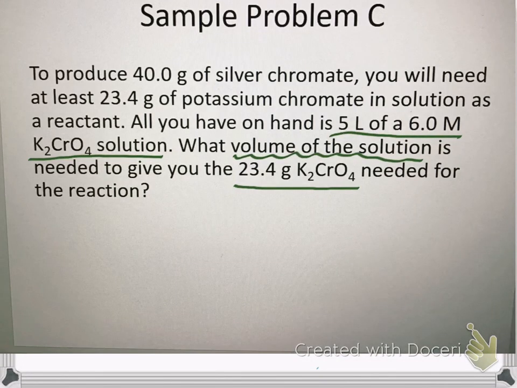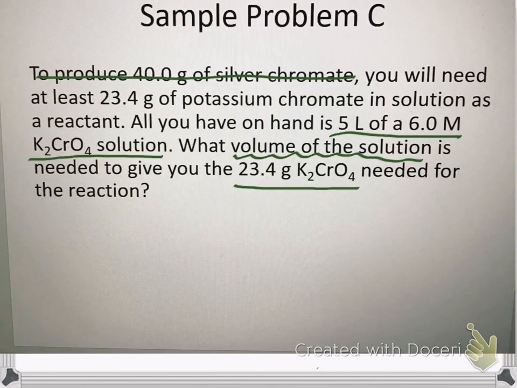This whole "to produce 40 grams of silver chromate" is actually extra information, right? So it tells us that we need this much potassium chromate, the 23.4 grams. We're not starting with just solid potassium chromate. We're starting with it dissolved in solution, which is another way that we can make things react. And so now this is all just about that.